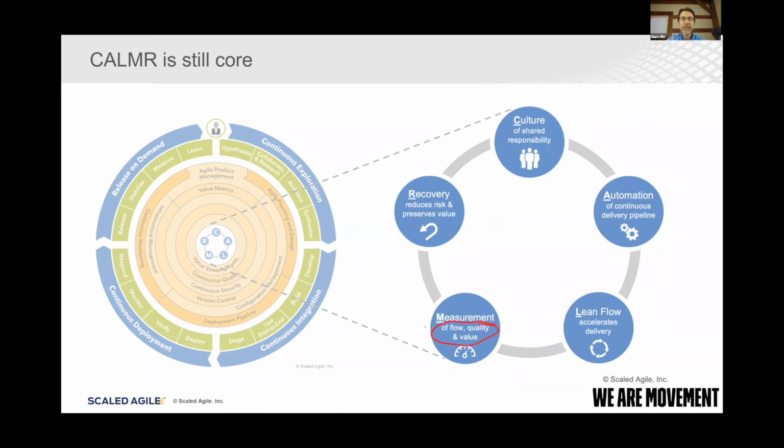We should really be measuring flow and quality and value. So now the measurement part of the CALMR article has been rewritten away from measuring everything and focusing on telemetry to calling out the specific flow metrics and quality metrics and value metrics that we should be thinking about in measurement. Okay, so CALMR is still a very, very important part of the model, and that article has been adjusted to comply with our latest thinking.